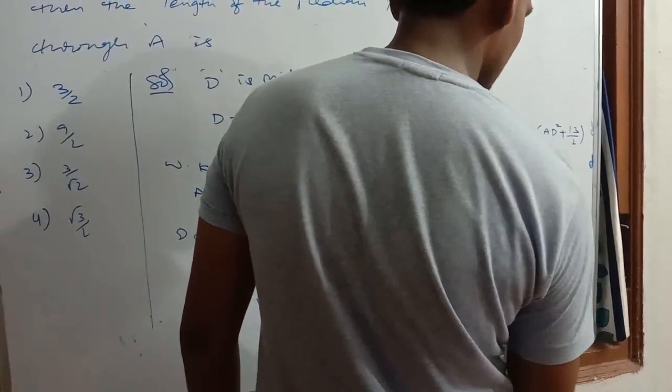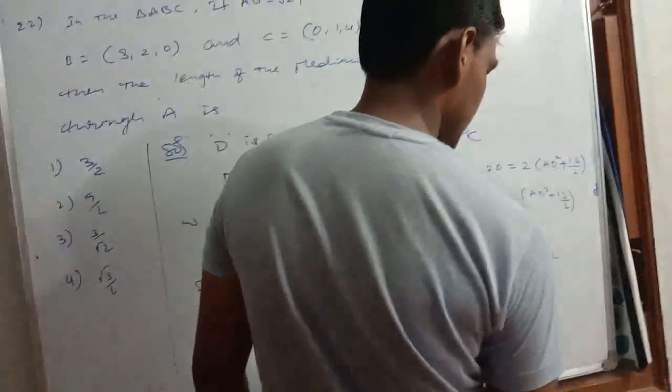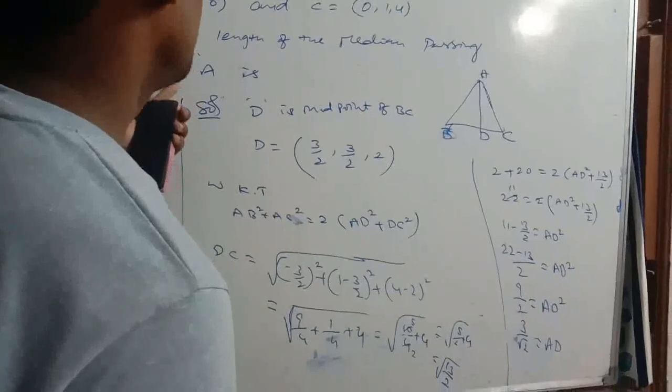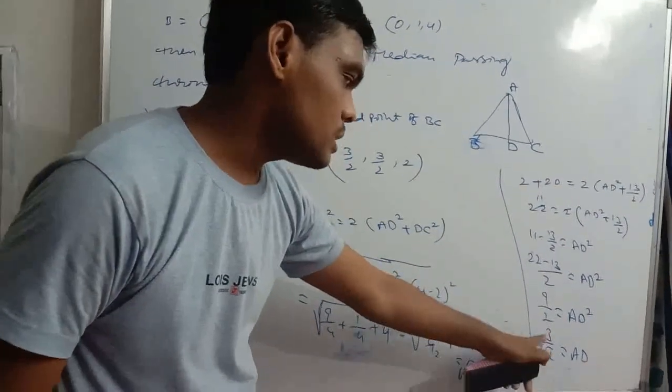Now taking the square root, 3 by root 2 is equal to AD. Now the length of the median through A, that is AD, is 3 by root 2.